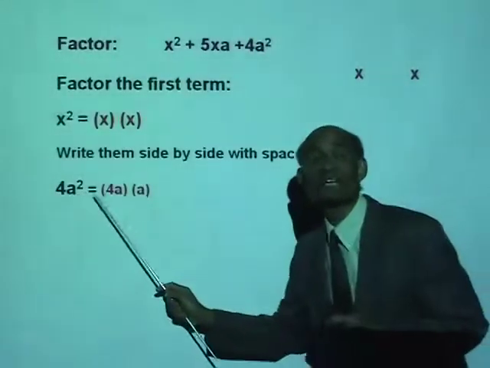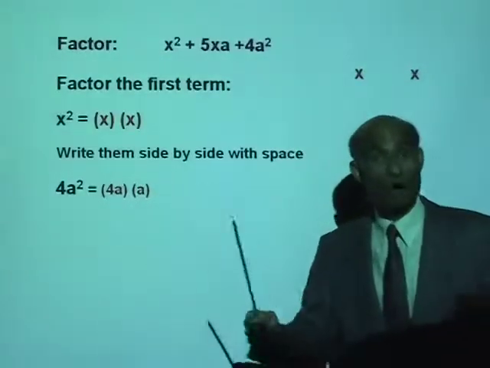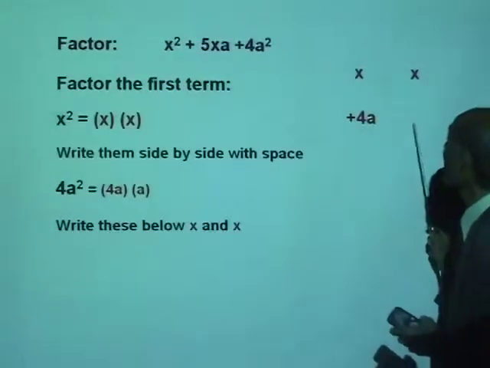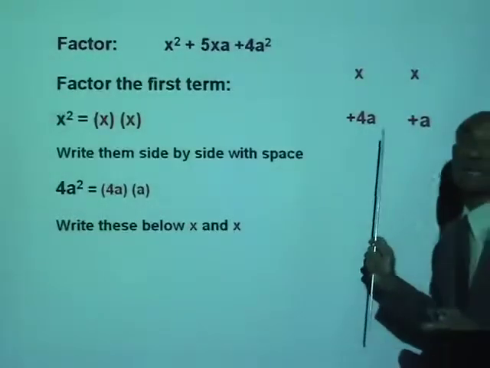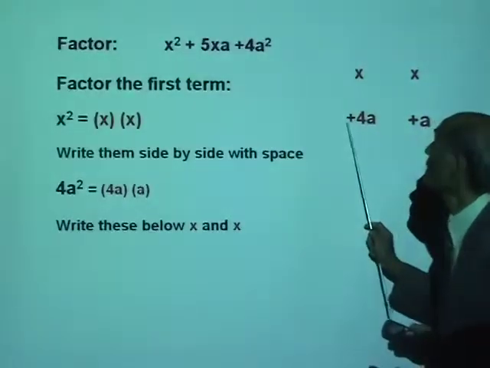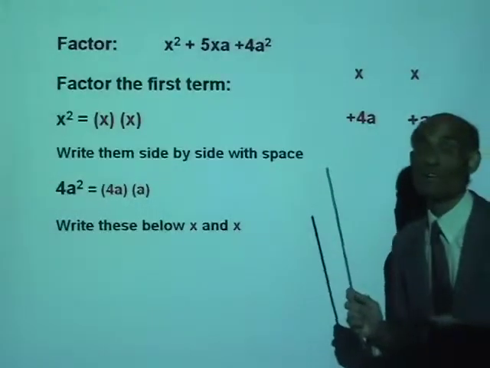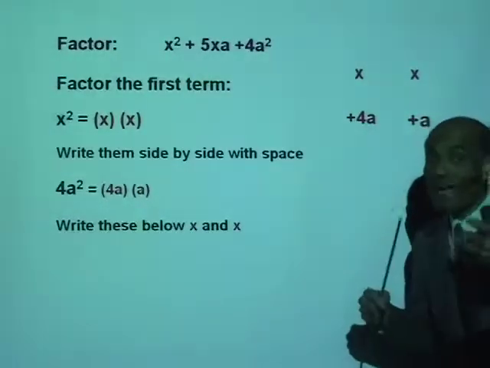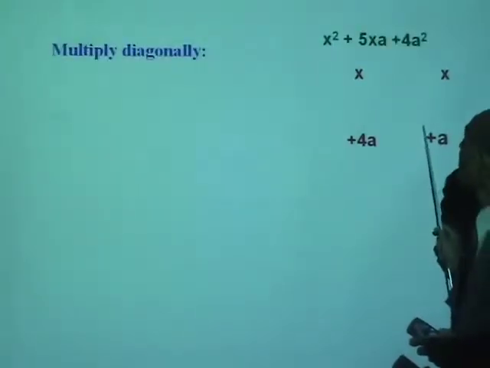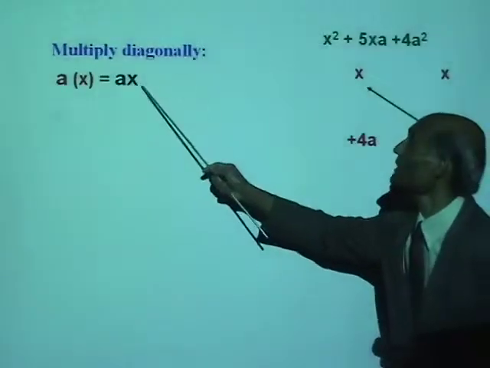4a squared is factored as 4a times a, both positive. And we write positive 4a and positive a. So, positive 4a squared is positive 4a times positive a. Now, do you understand the trial and error method now? All right, multiply diagonally. a times x is ax.